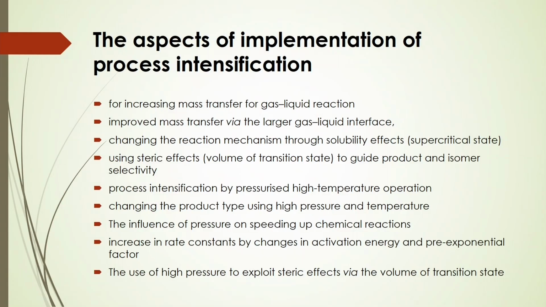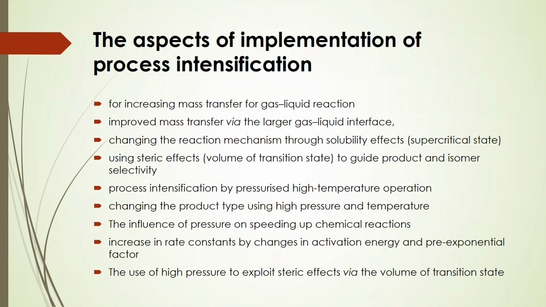You can also get process intensification by pressurized high temperature operation. We will discuss more about the high pressure and high temperature system for the application of the reaction in the microreactor system in the next lectures, and also changing the product types using high pressure and temperature.